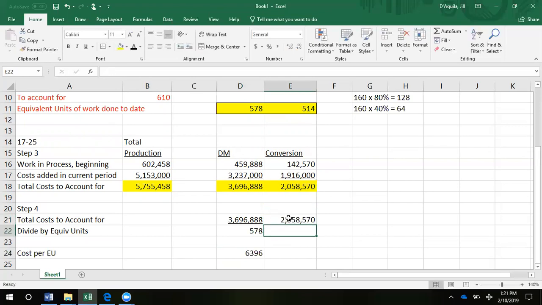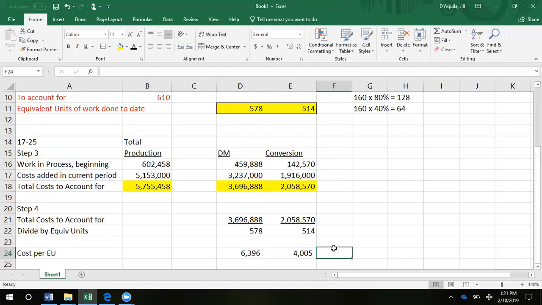So the costs are $2,058,570. The equivalent units, 514 equivalent units. Again, I do the dividing, and I get $4,005 per equivalent unit. Let me just make these a little fancy.